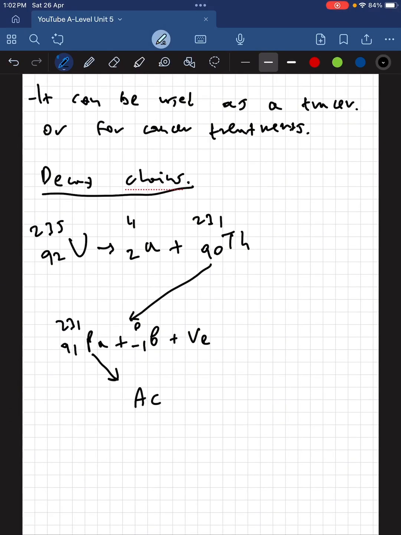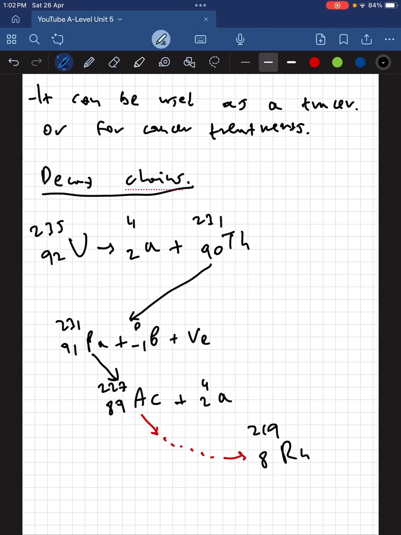So it decays to actinium-227, 89. So this is an alpha decay now, plus alpha. And there is a whole cycle of these things. So it's called a chain because you start with one nucleus and you keep going until you reach. So I'm going to put dot, dot, dot, because many other reactions happen until you reach radon.